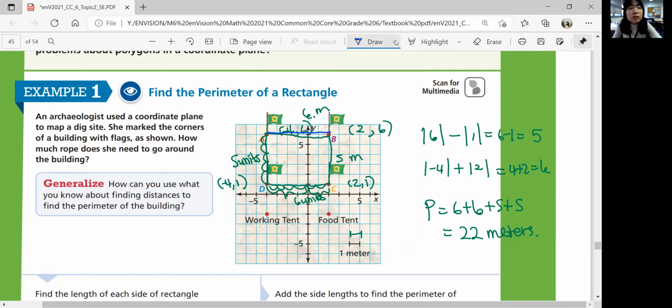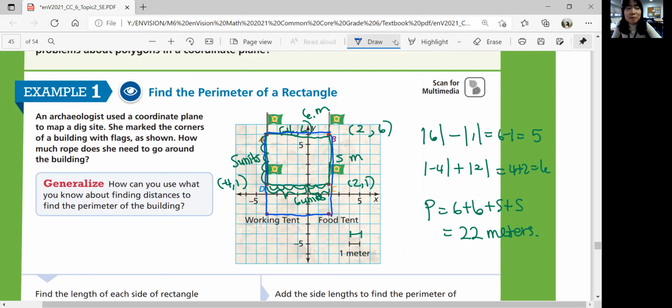But then she's going to extend this from B to the food tent, then food tent to working tent, and then working tent to A. So we need to figure out the new vertical distance, because your horizontal distance stays the same, but your vertical distance will be different, right?